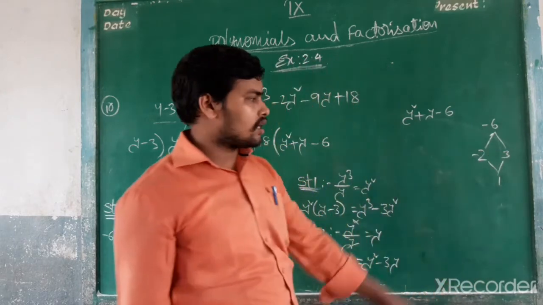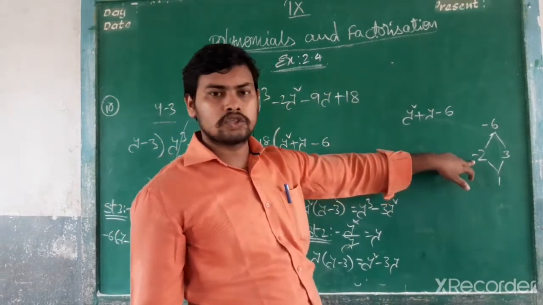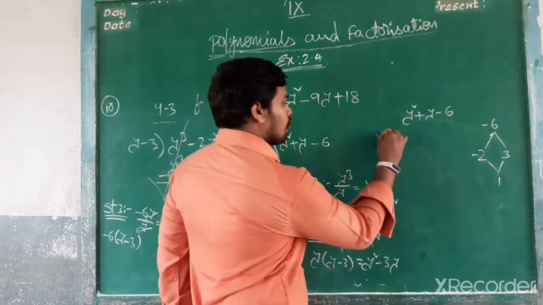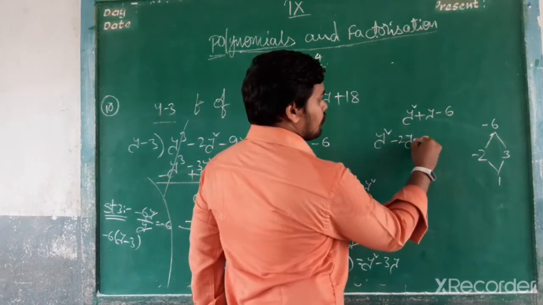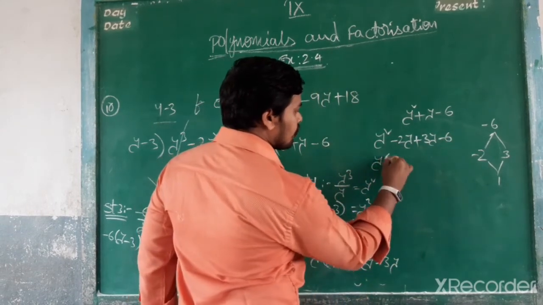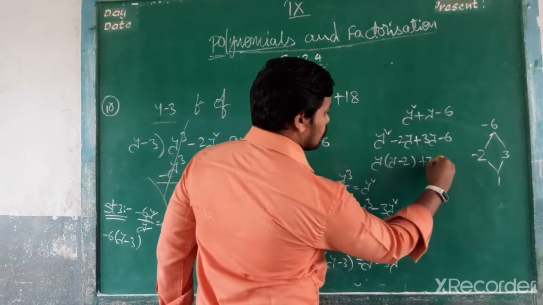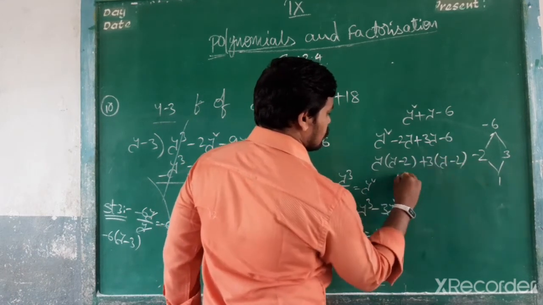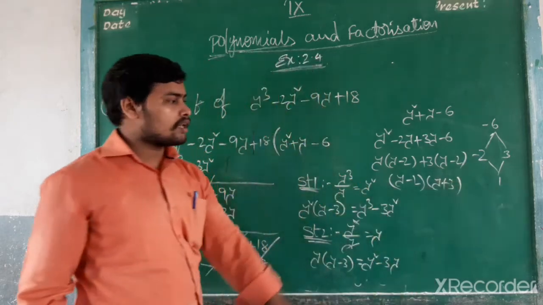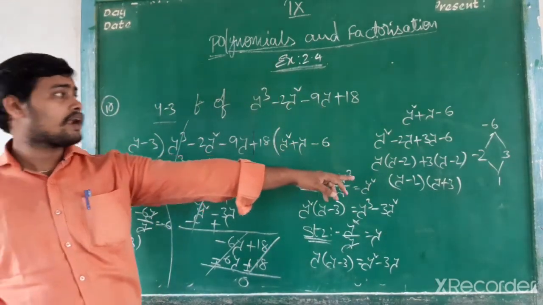Because you have to get plus 1, I have to place minus 2 to the smallest number. Minus 2 plus 3 equals 1. y square minus 2y plus 3y minus 6. What is the common factor here? y. y minus 2 plus 3 y minus 2. So y minus 2, y plus 3. These are the other two factors of this polynomial.